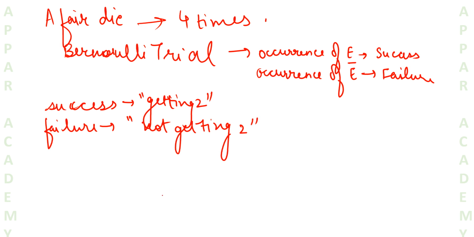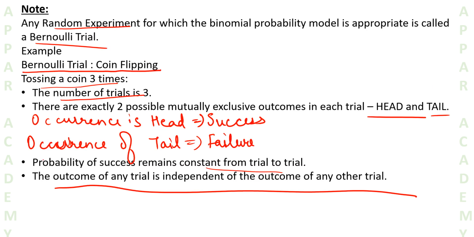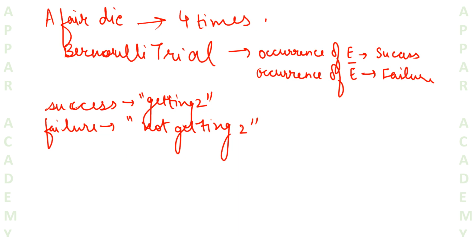Right? So again we have 2 different outcomes, success and a failure, and each trial will always be independent of the previous trial, and it's satisfying all the other conditions. So we can convert any random experiment into a Bernoulli trial like this, provided all the other conditions are clearly satisfied.